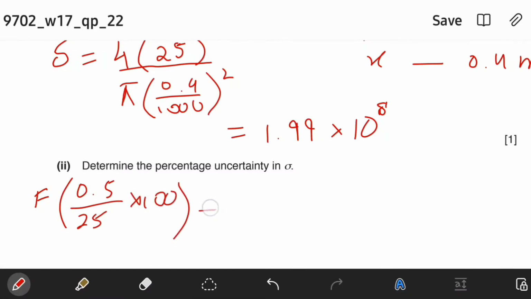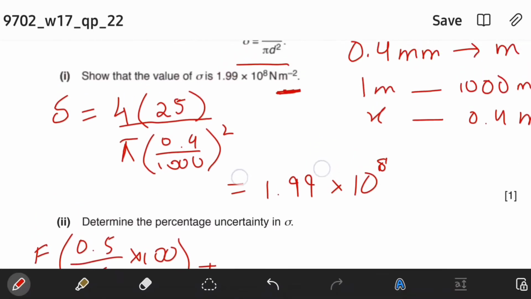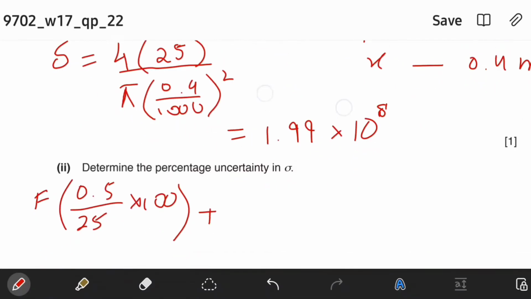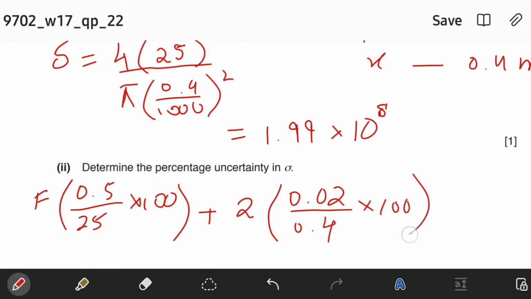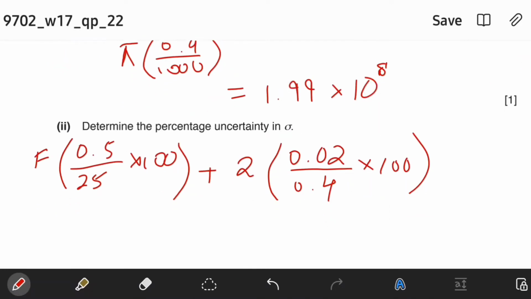Then plus, because uncertainties add. Take note of the power of 2, you need to include it here. Powers always come ahead and you multiply them: 0.02 over 0.4, times 100. Calculating this gives you an answer of 12%.